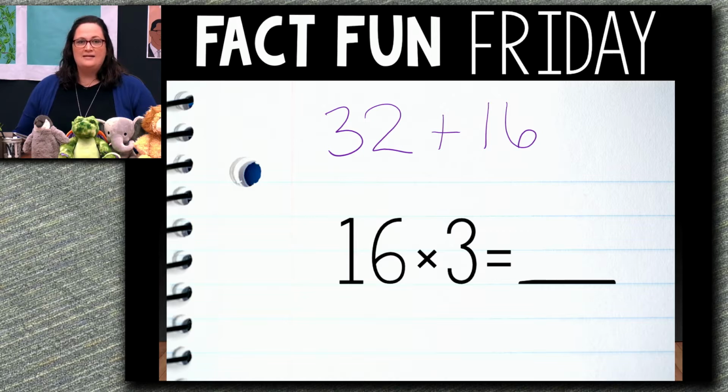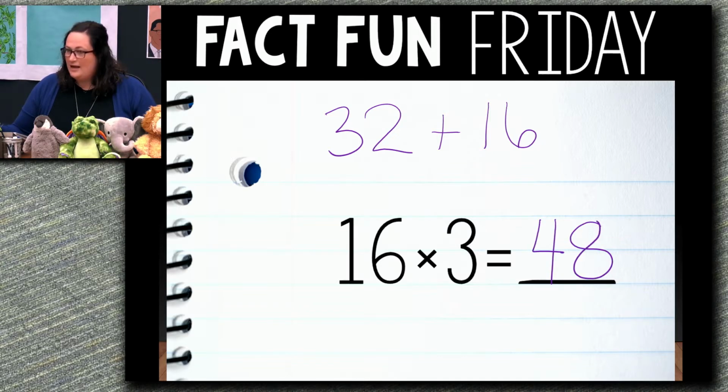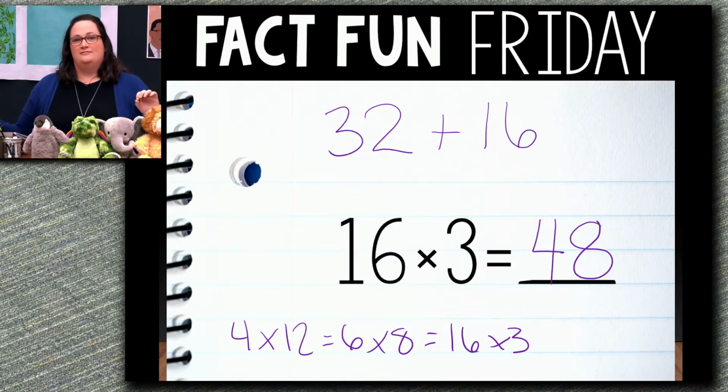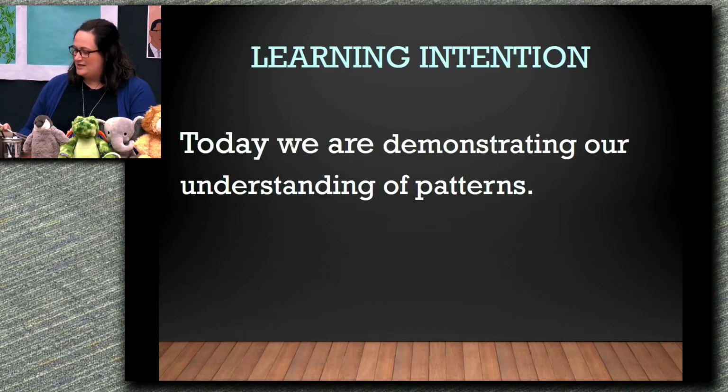Wait a minute. 16 times 3 is 48. It's another problem with a product of 48. So could we do this? 4 times 12 equals 6 times 8 equals 16 times 3? Do they all equal 48? Yes. Pretty cool, huh? All right, let's get going.